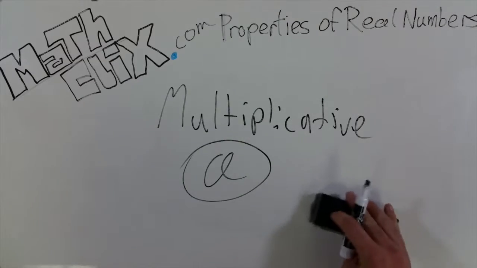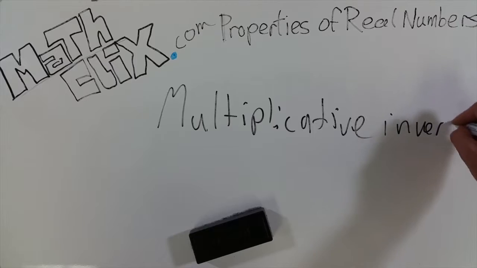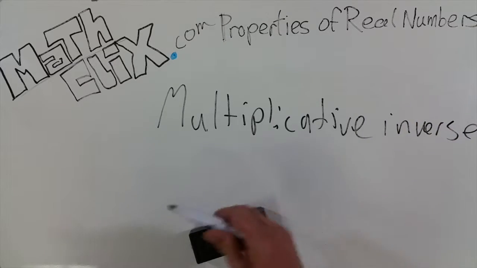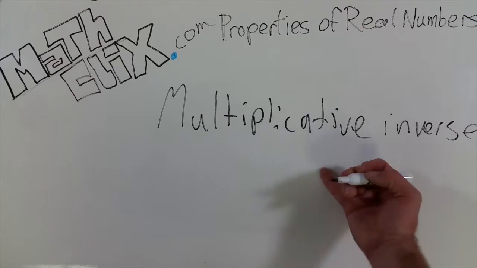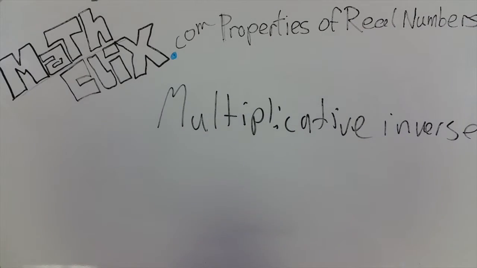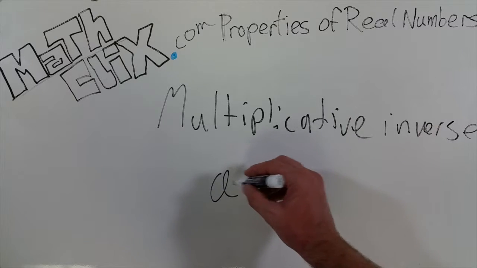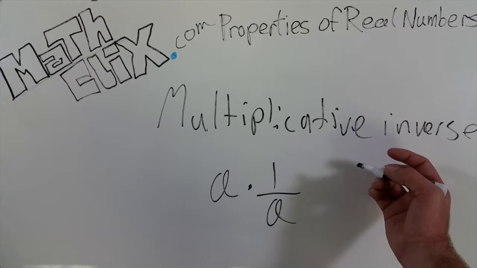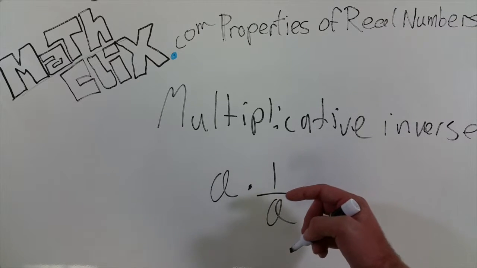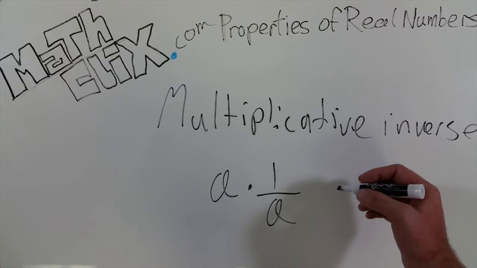And then there's the multiplicative inverse property. And that's the same as, negative a plus a equals 0. You did nothing. Well, if I multiply this a by 1 over a, well, it's going to equal 1.